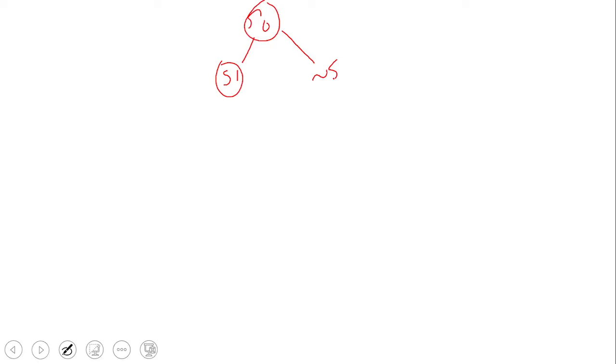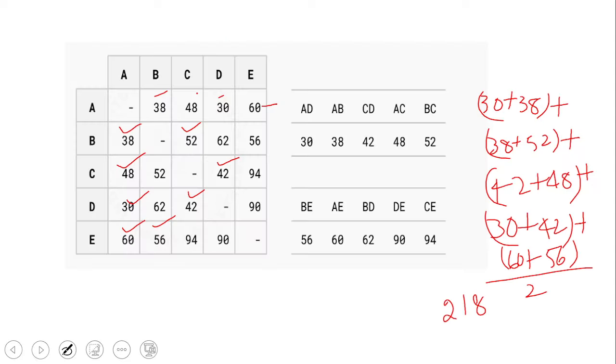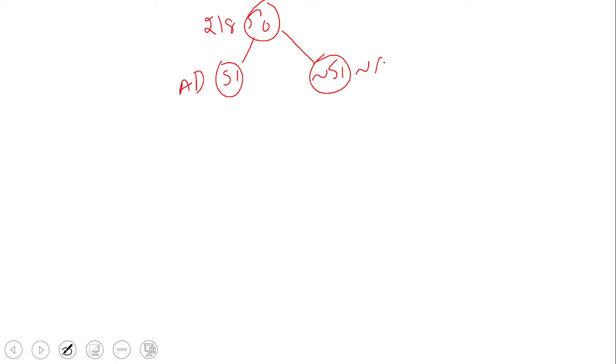First, from S0 we get S1 and not S1. This one is 218, and this is AD and this is not AD.